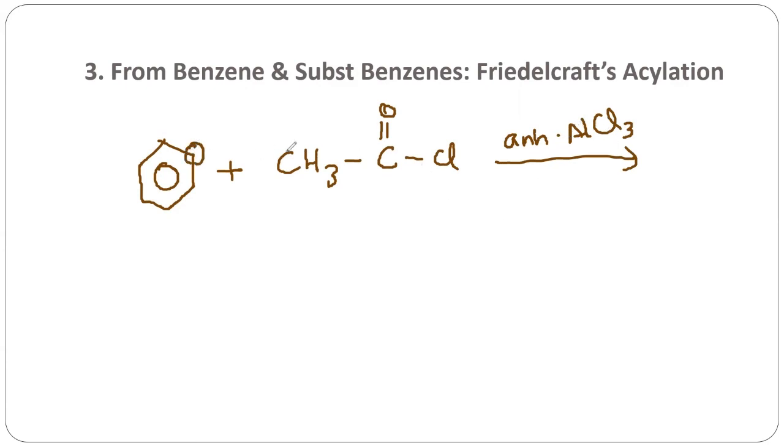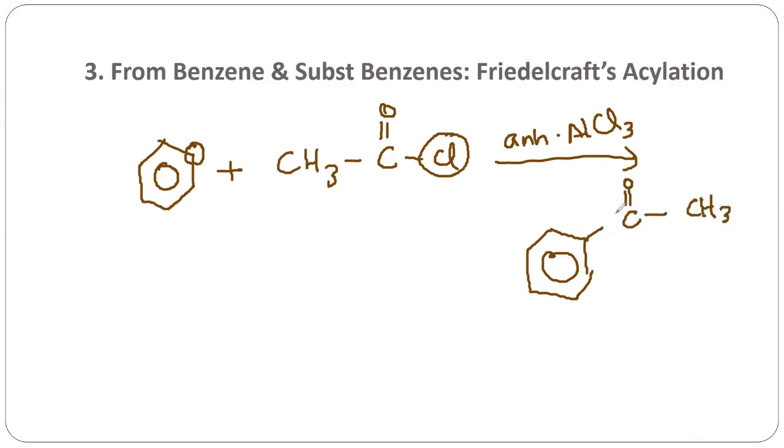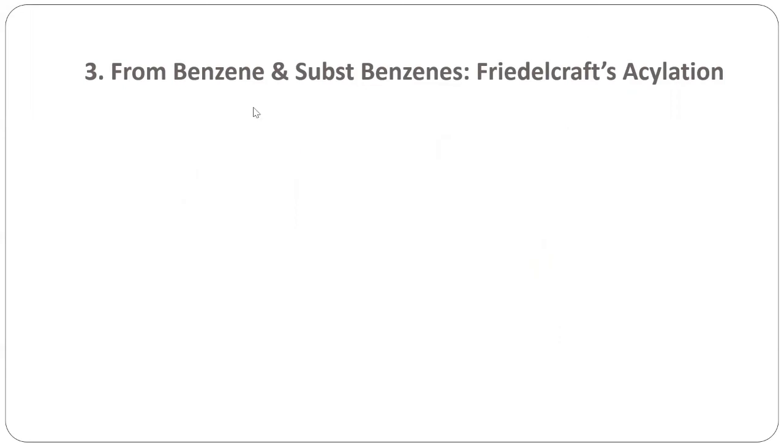A hydrogen from benzene and the chlorine will be removed as HCl, and you will get C double bond OCH3 added onto the benzene ring. Here you can see C double bond O is attached to two other carbon atoms. So this is also a ketone. So Friedel-Crafts acylation is also used to prepare ketones.